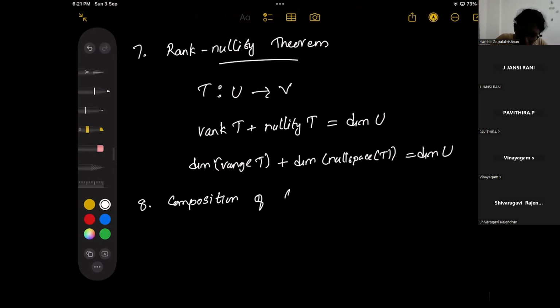I'm not going into the details of this, because it is very trivial. Composition means we already know what is the composition of two functions. Just like that, we can say what is the composition of linear transformations. Like S and T are two linear transformations. What will be S composition T? And from where to where it is defined. It is just like the usual function composition.